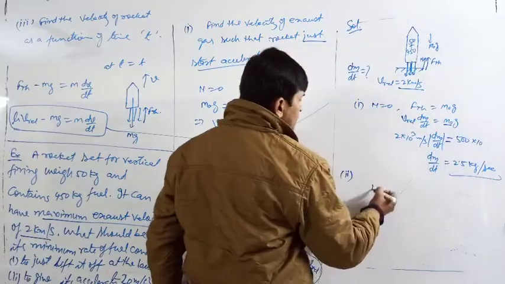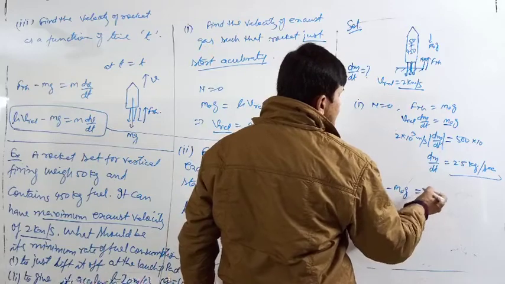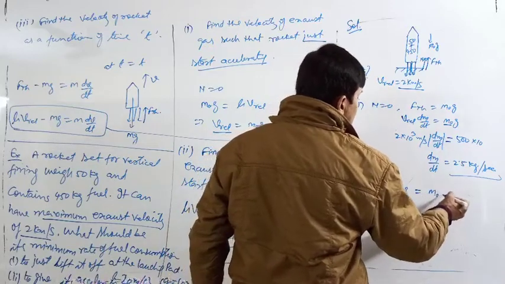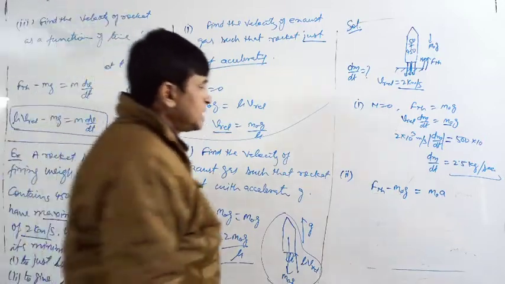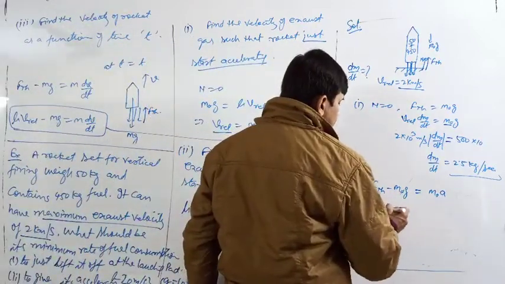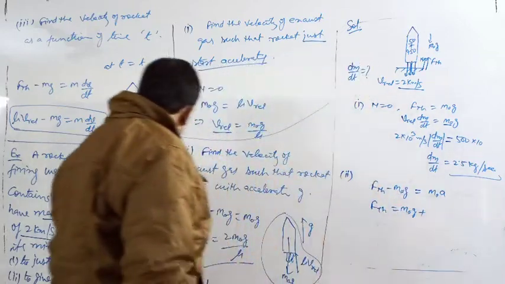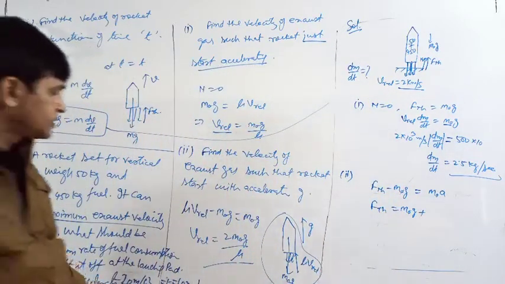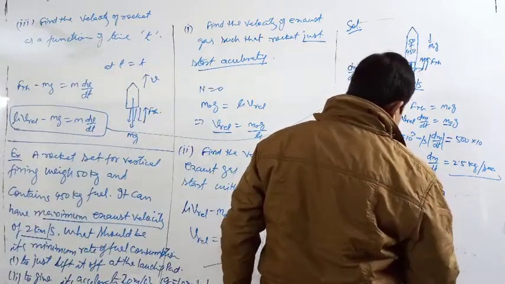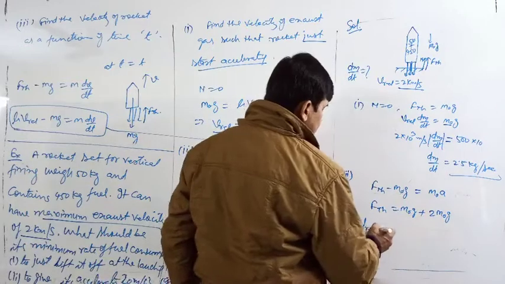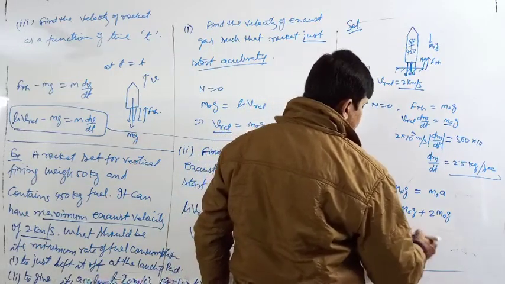Upward force now becomes F thrust minus m naught g, and this is equal to m naught into acceleration. So F thrust must be m naught g plus a, with value given 20. 20 means you can say 2g. So 2 m naught g, it becomes F thrust, V relative dm by dt, equals 3 m naught g.